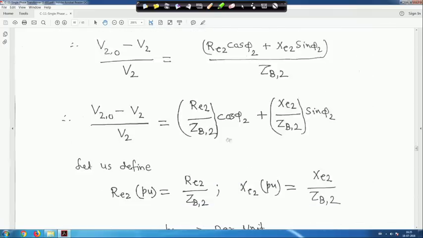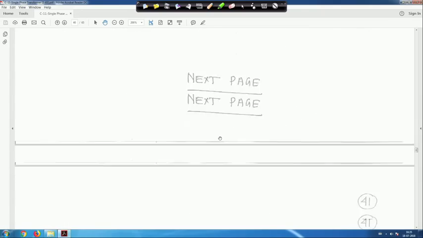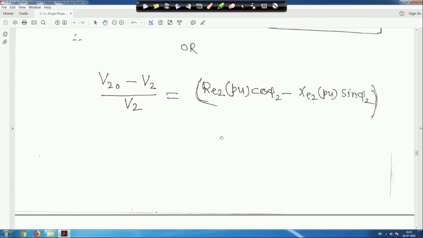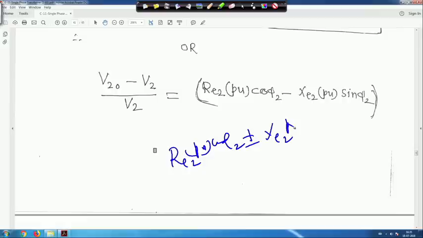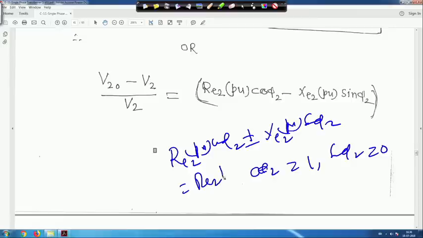In general, the formula of the voltage regulation of a transformer will be RE2 per unit cos phi 2, plus or minus XE2 per unit sin phi 2. If it is a unity power factor, cos phi 2 is equal to 1 and sin phi 2 is equal to 0, so it will be simply RE2 per unit.